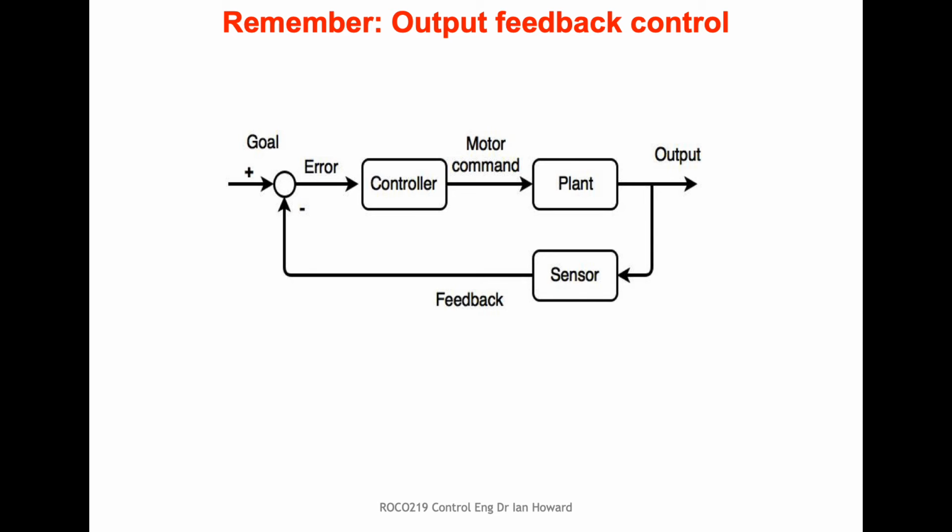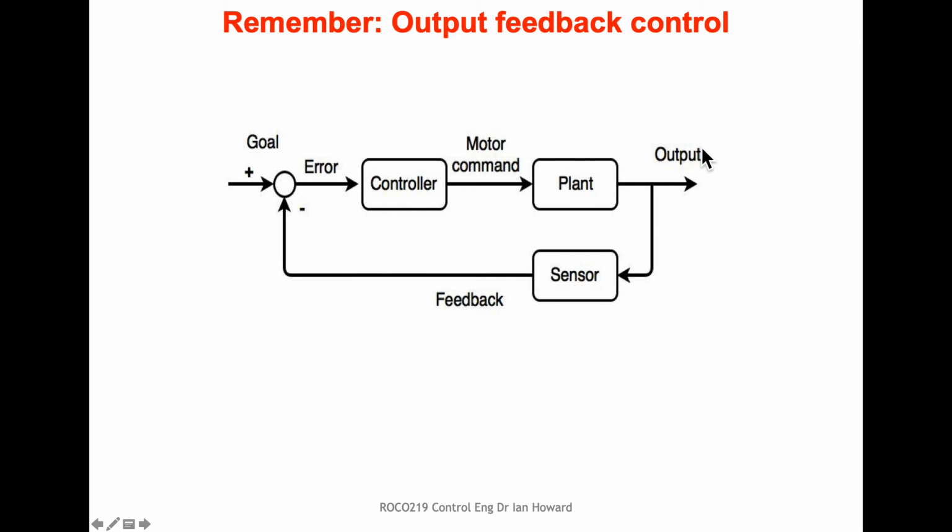So before we jump into state space models and state feedback control, let's just remember what we do with output feedback control. And why do we need control with feedback at all? It's because if we have a plant and we're not quite sure of its characteristics, then we can't just build a feed-forward controller which will work all the time, because we generally have to know the characteristics of the plant in order to do feed-forward operation.